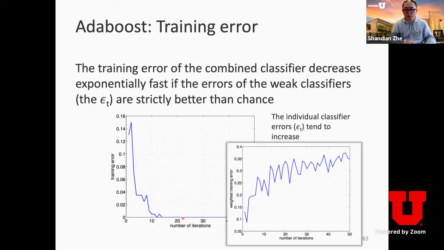If you look at the training error of individual weak classifiers, you see that actually they are increasing. Each point in this curve represents a particular weak classifier, and its error in predicting the training examples. But why? With more iterations, or at later stages, the error of our individual weak classifiers becomes larger and larger.